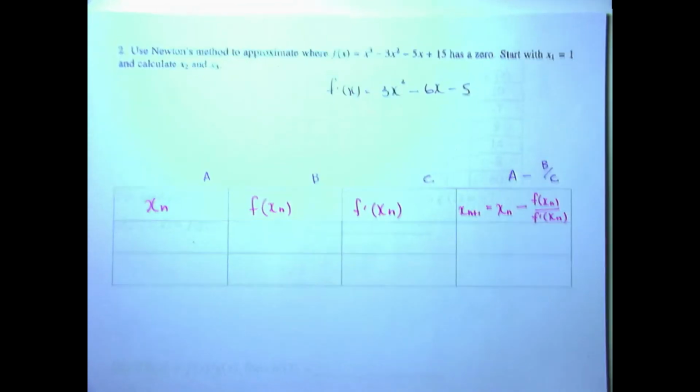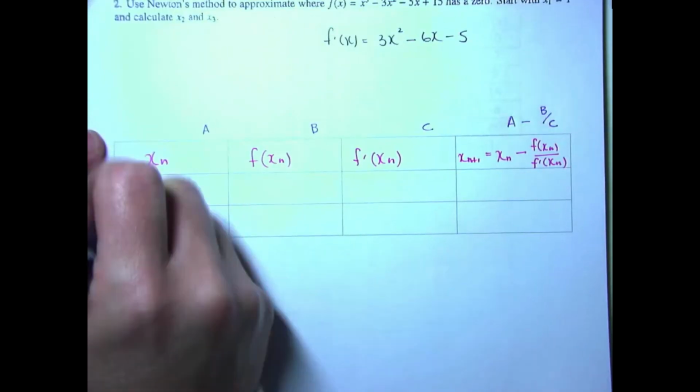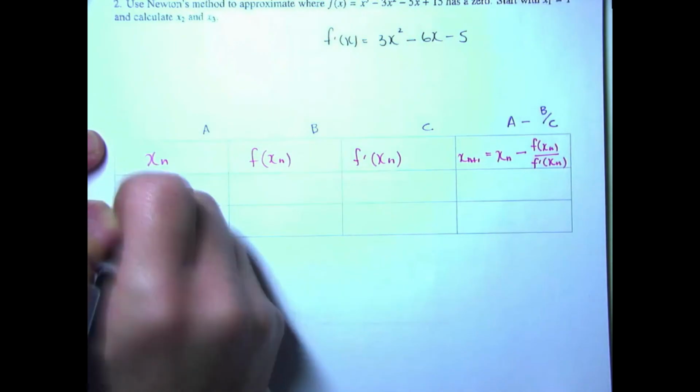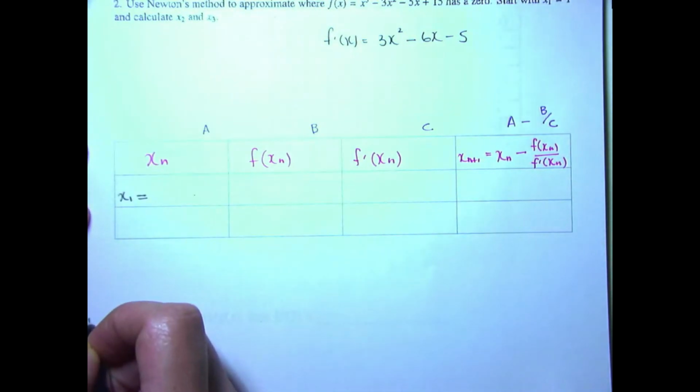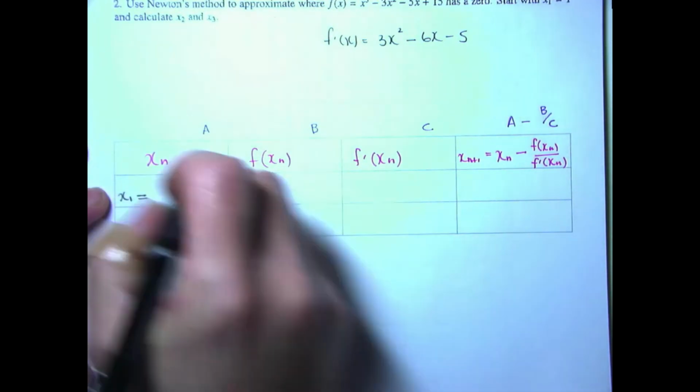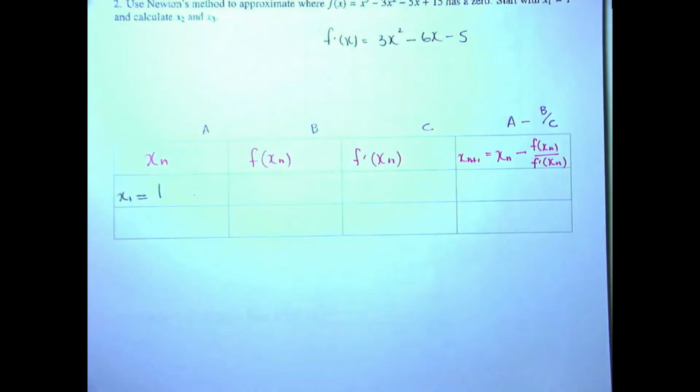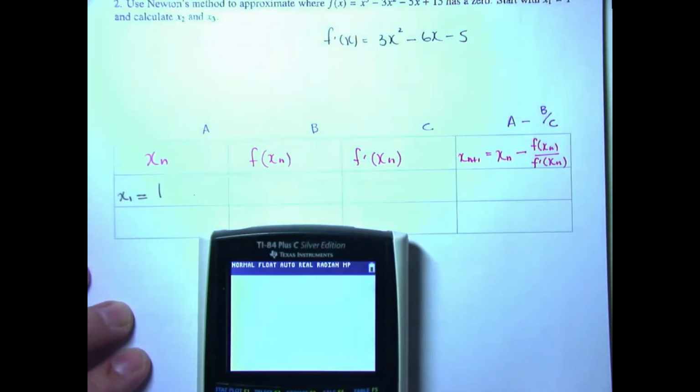So I'm going to use my calculator here. All right, so x sub 1 is given to me, it is equal to exactly 1. On my calculator, let's see if you guys can see it.